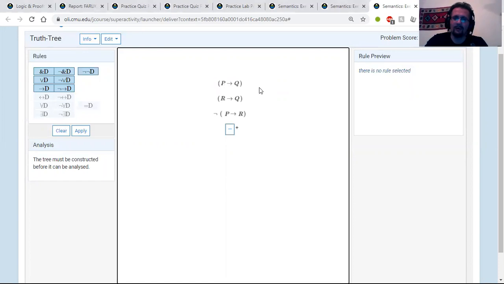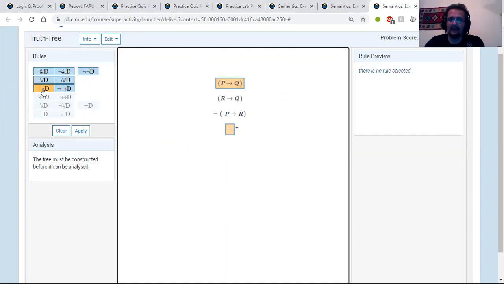Okay, so you are going to select each of these formulas by itself, and then you're going to select where you would like it broken down. Where we would like it broken down is on a new line here at the bottom of what we already have. Then you figure out what the top level connective is. In this case, it's a conditional.